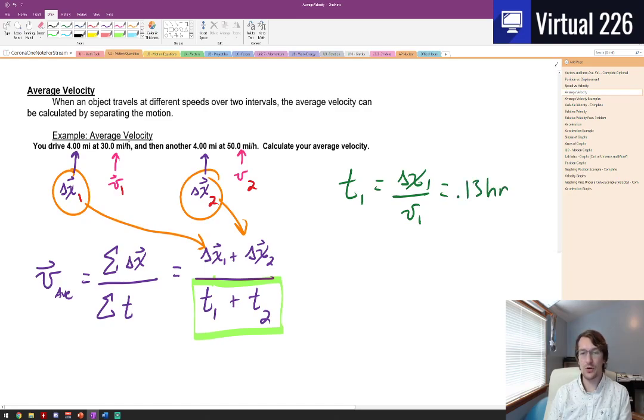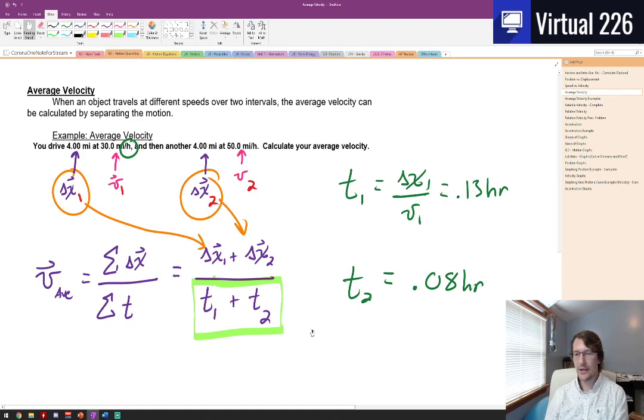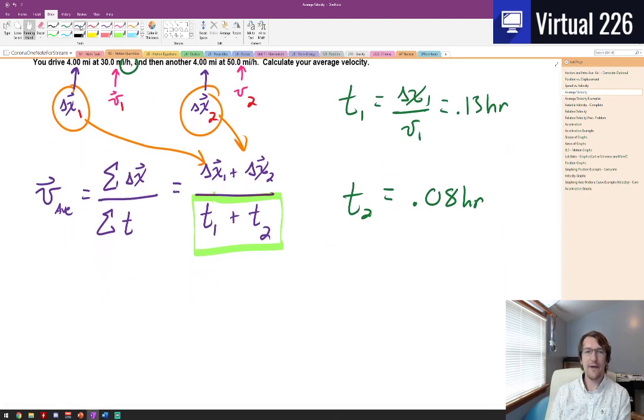And that's in hours because that's what our units of time were in. And then if we do the same thing for t2 here, that's delta x2 divided by v2. That's 4 divided by 50, which gives us a time of 0.08 hours.